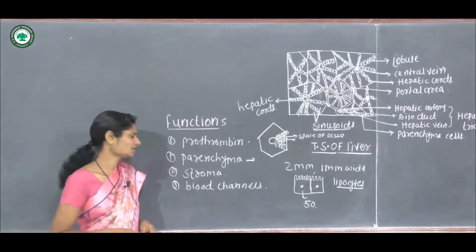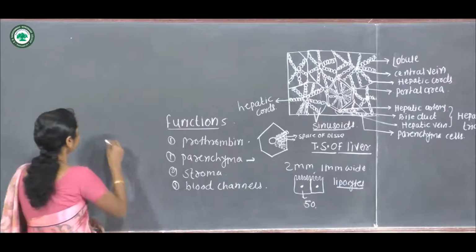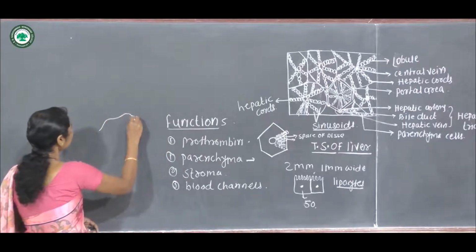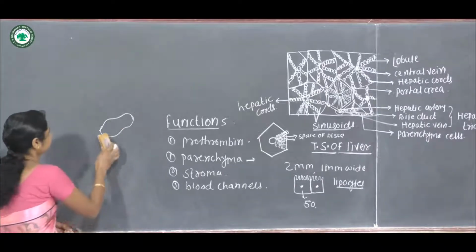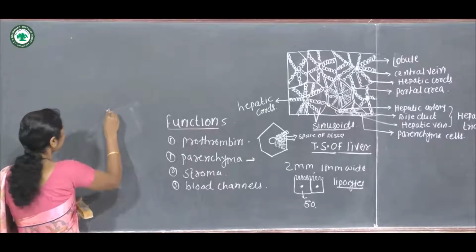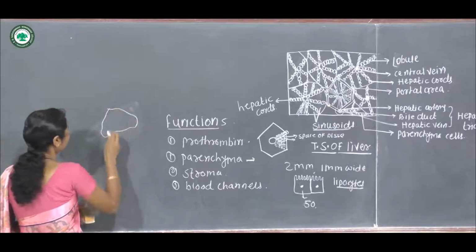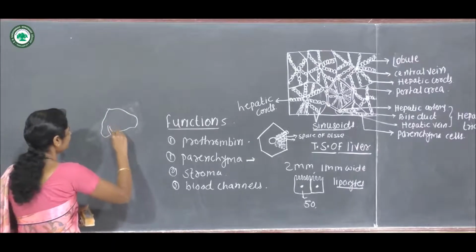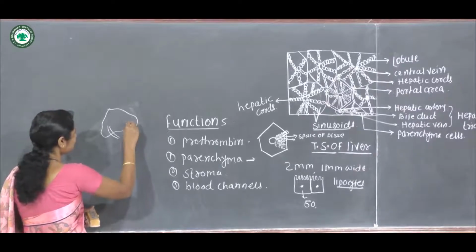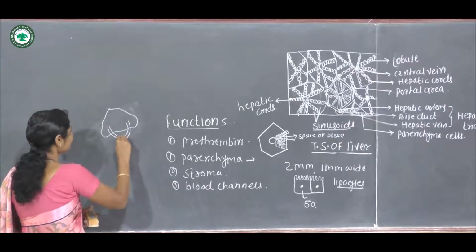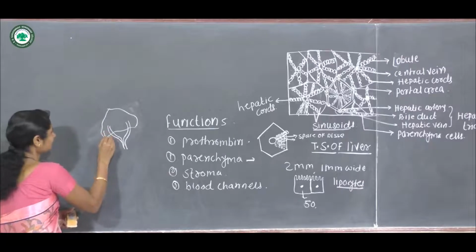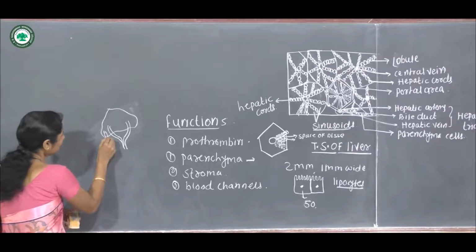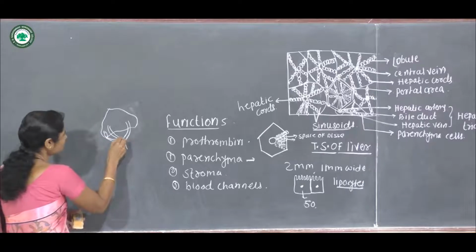All large ducts of the liver: the large duct from the right side and the large duct from the left side join to form the common hepatic duct. The gallbladder is present, and it carries the cystic duct.